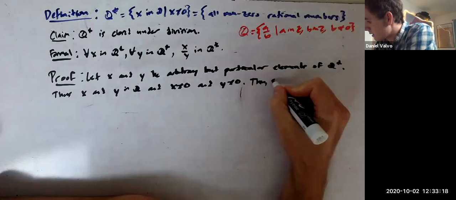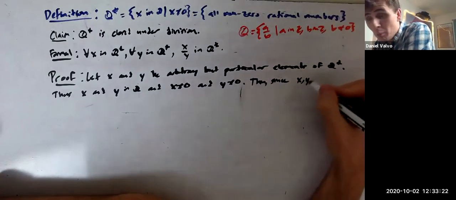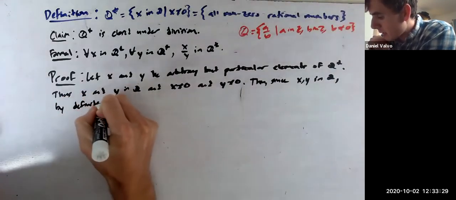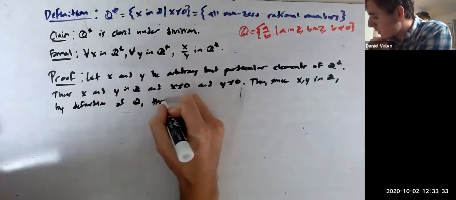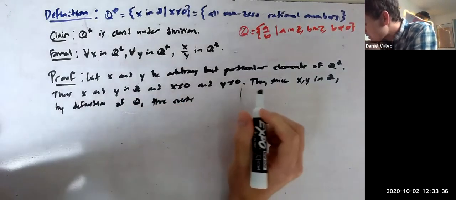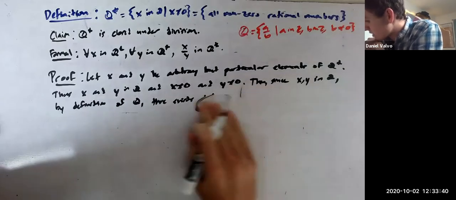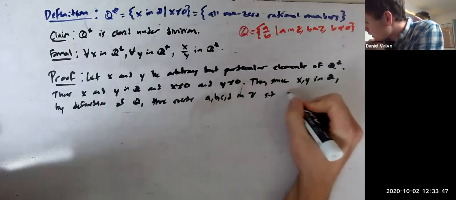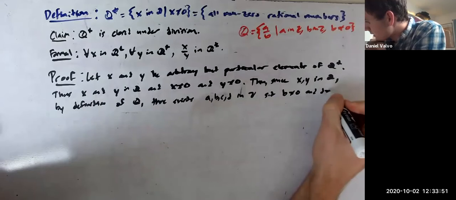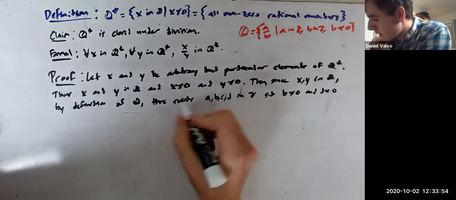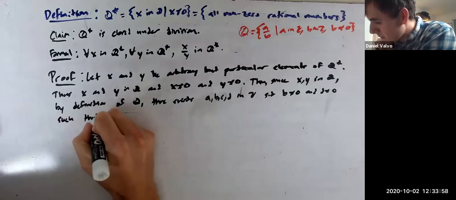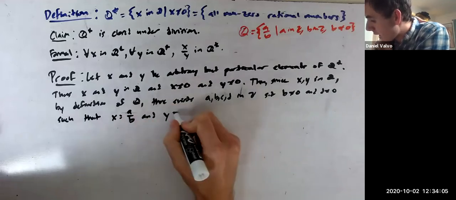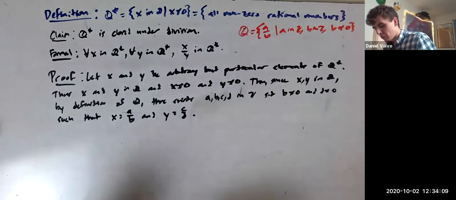Then, since X and Y are both elements in Q, by definition of Q, there exist A, B, C, D in Z such that B does not equal 0 and D does not equal 0, such that X equals A over B and Y equals C over D. Because that's what it means to be a rational number.